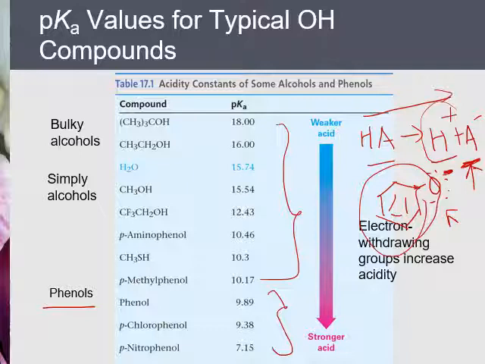Among the alcohols, those with an electronegative atom, fluorine, nitrogen (amino means nitrogen), or sulfur, have smaller pKa, and therefore they are stronger acids than those without any electronegative atoms.